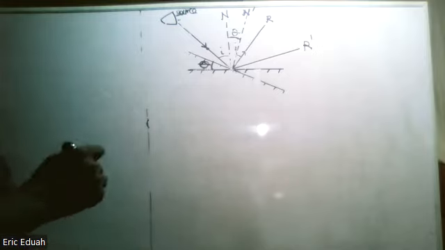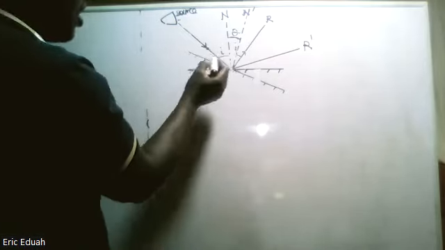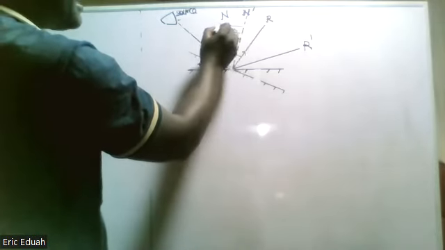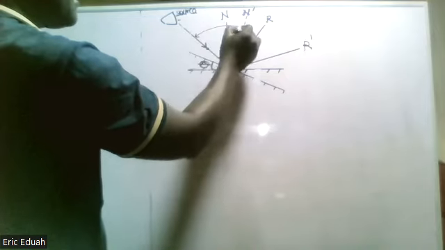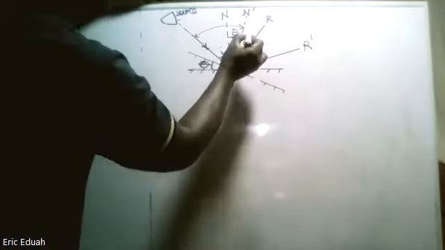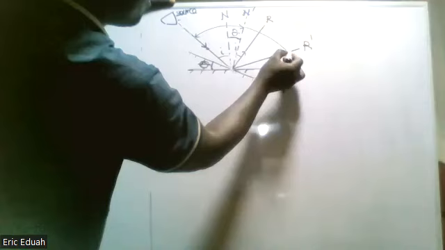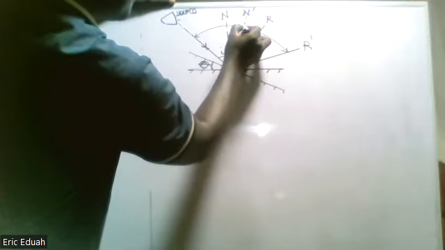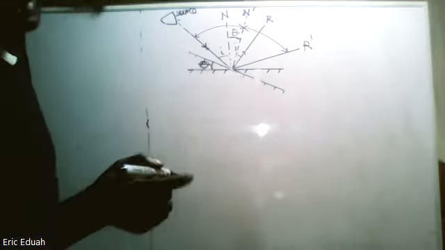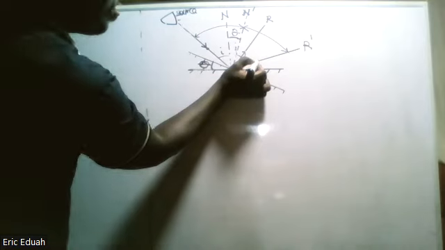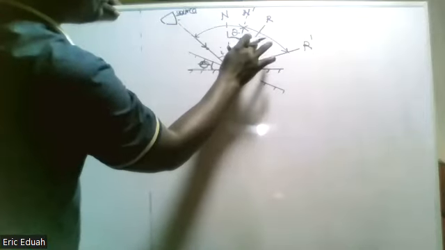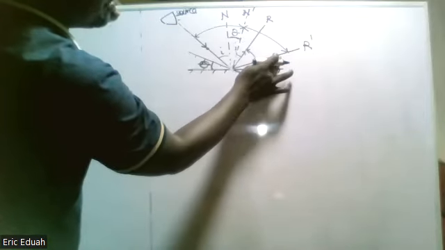All that we are interested in now: to the new normal, this is the angle of incidence, and to the new normal, this is the angle of reflection. We are interested in the angle between the two reflected rays, before rotation and after rotation.